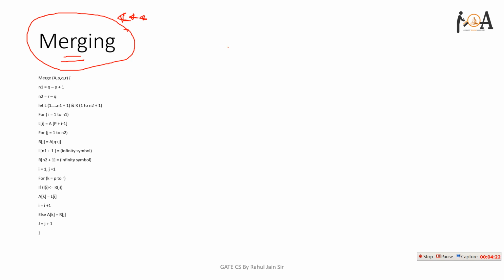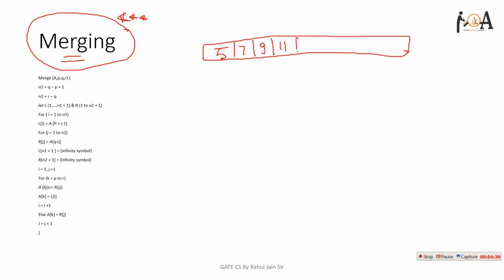So let us understand it like this, for example, an array is given to us: 5 7 9 11, and 50 60 70 and 80.